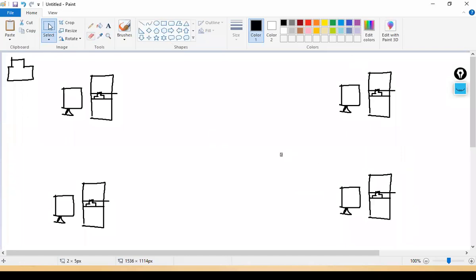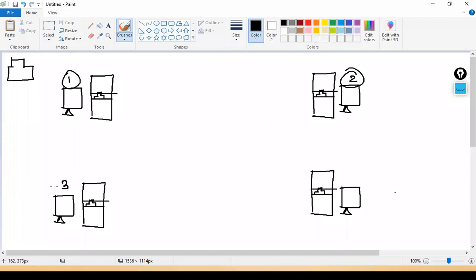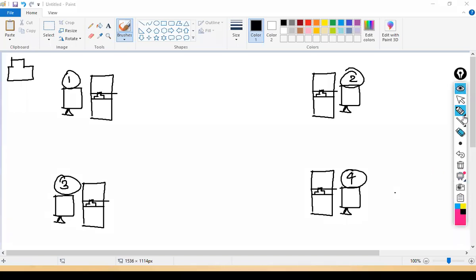Okay, now just a moment. Let me place the CPU cabin here. So you have the first machine, the second machine, the third machine, and the fourth machine. Now, if I want to connect these computers, what can I do?